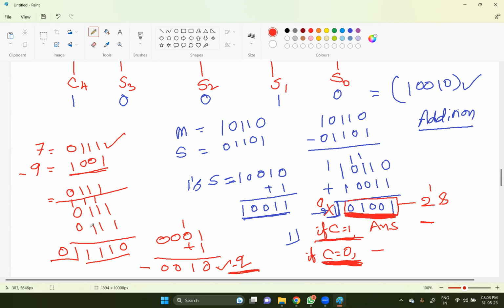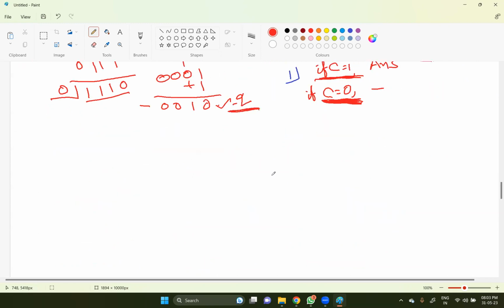Let me consider the same example, flipped the other way: 9, that is 1 0 0 1, minus 7, that is 0 1 1 1. You can see this one here.